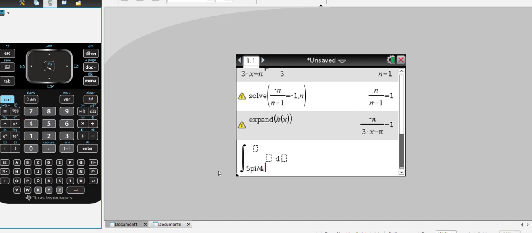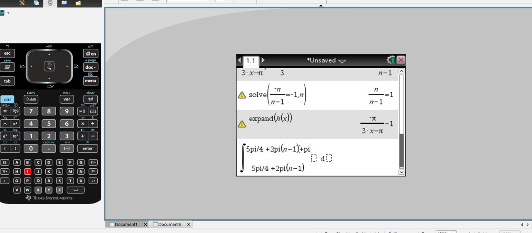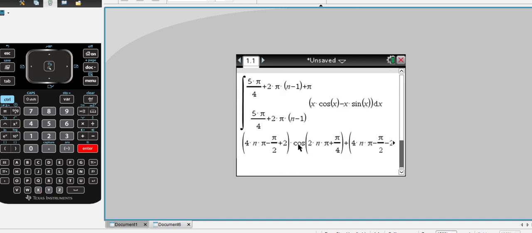5 pi on 4 plus 2 pi n minus 1, and then this plus pi of x cos of x minus x sine of x, which gives us this.